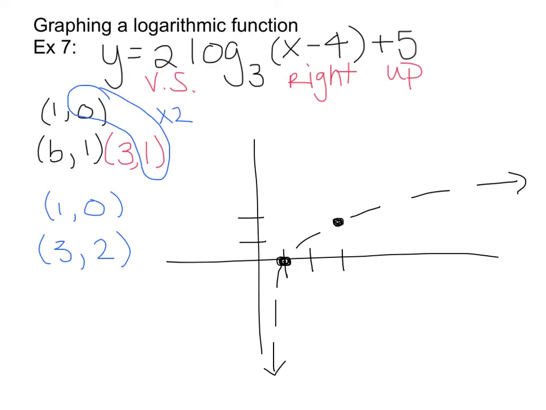So now I take these 2 points and I move them to the right 4, and I go up 5. So 1, 2, 3, 4. 1, 2, 3, 4, 5. So then I move my other point to the right 1, 2, 3, 4. 1, 2, 3, 4, 5.